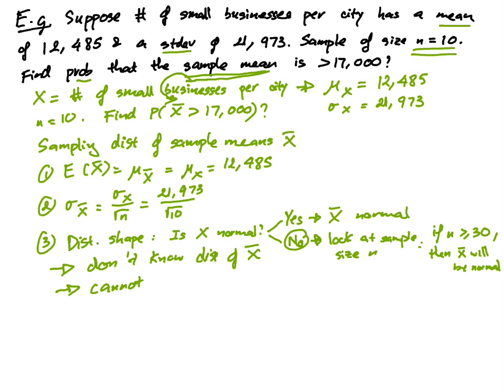We cannot use a standard normal table, so we cannot find the probability that x bar is greater than 17,000.